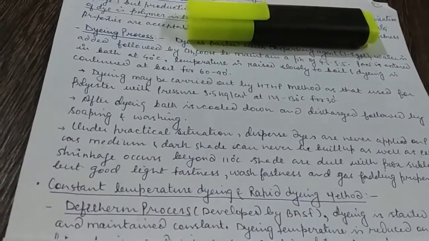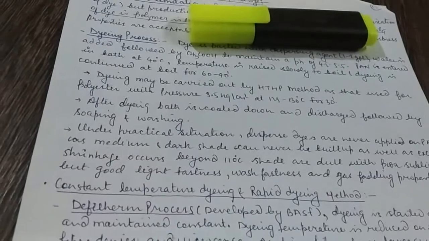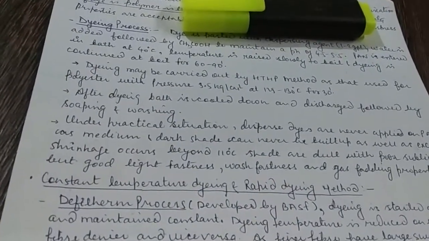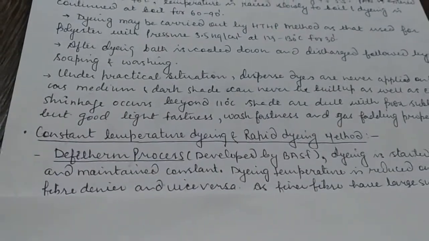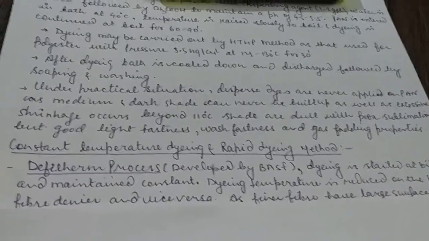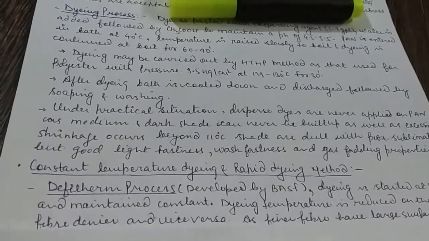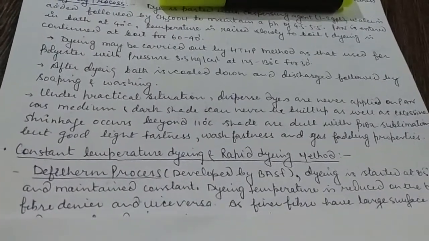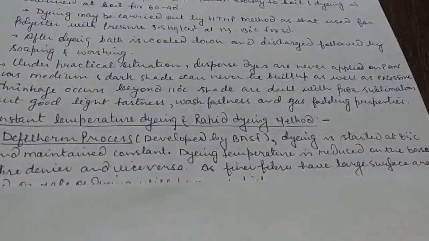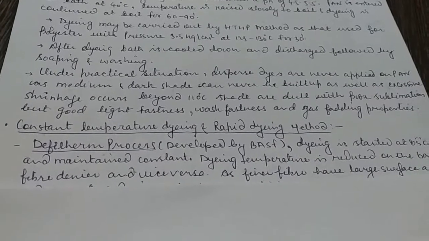In this dyeing method, dyeing is started at 85 degrees centigrade and maintained constant. There is no way to increase the temperature, so the dyeing temperature is adjusted on the basis of the fiber denier. If the fiber is finer, then the temperature of dyeing is reduced.